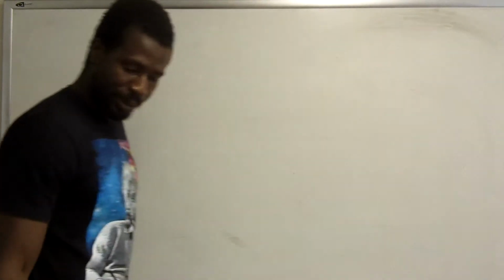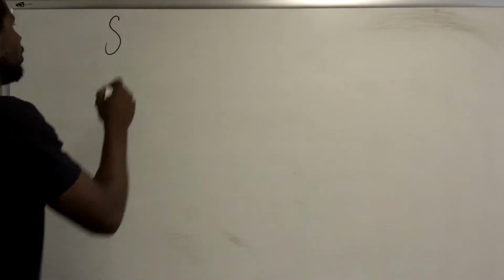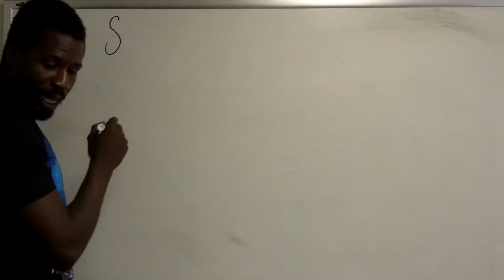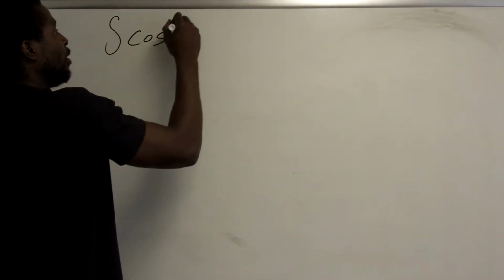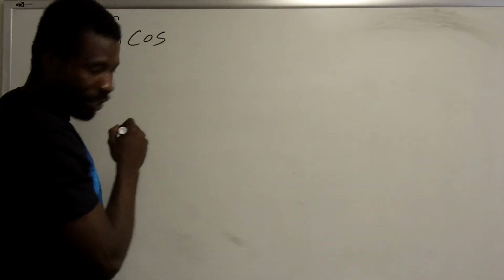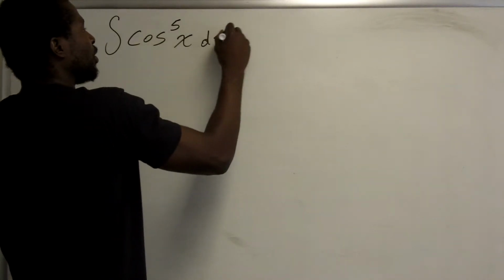All right, now let's say we want to integrate something like this. The last one, the sine was to the odd power. So let's make cosine to the odd power this time. Let's say we're integrating cosine to the 5th of x dx.